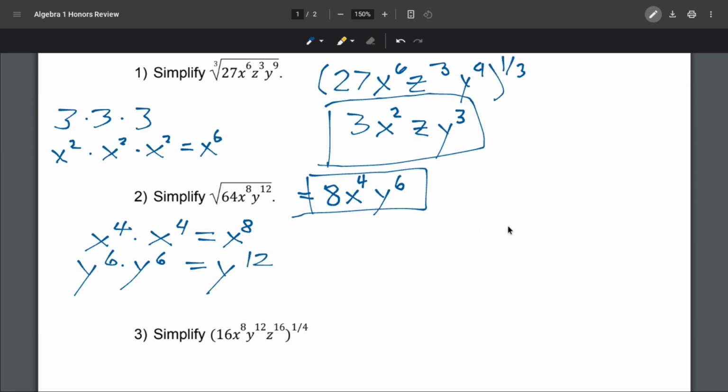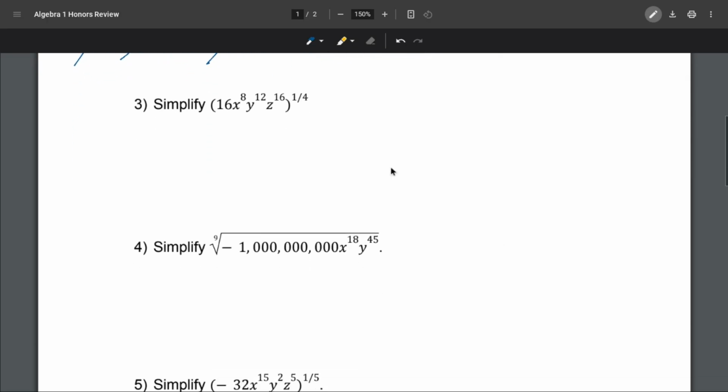All right, let's take a look at problem 3. We're simplifying 16x to the 8th, y to the 12th, z to the 16th, all raised to the 1/4 power. So the fourth root of 16 is 2, because if you multiply 4 2's together, you're going to get 16. The fourth root of x to the 8th power is x squared, 8 times 1/4.